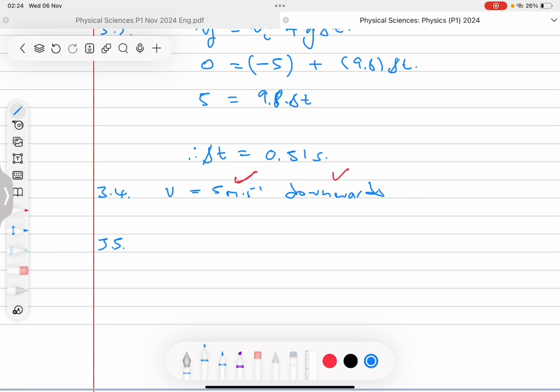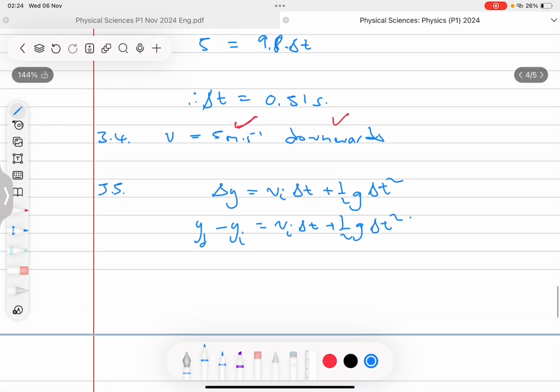Now remember that if you take the equation, change in y equals initial velocity times time plus 1 over 2 g times t squared, right? Remember that the displacement here can be written as y final minus y initial equals v initial change in t plus 1 over 2 g change in t squared.